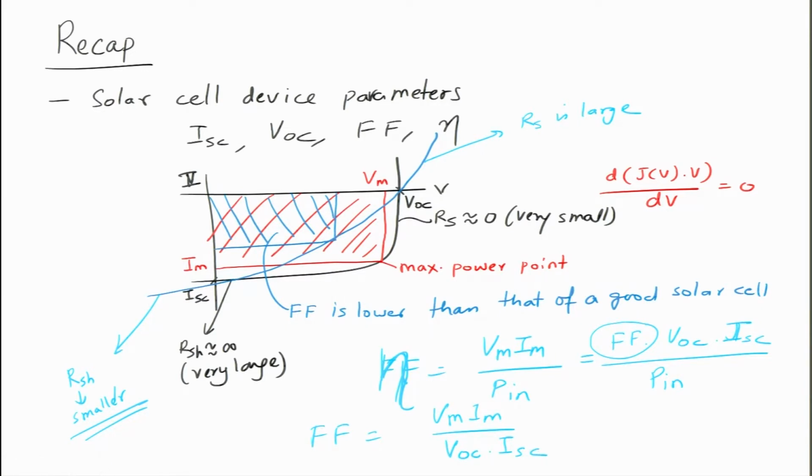From these expressions, you want to maximize VM IM, by maximizing the fill factor, but you also would like to maximize VOC and ISC. From a device engineering perspective, fill factor depends upon the quality of the junction and device. Basically, the job is to minimize the parasitic resistances.